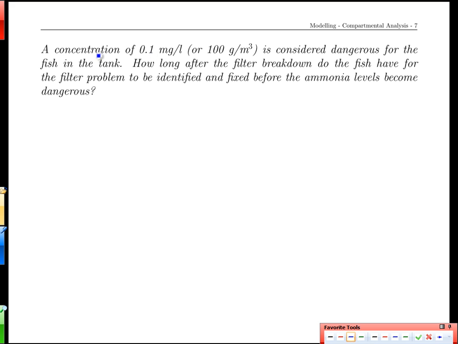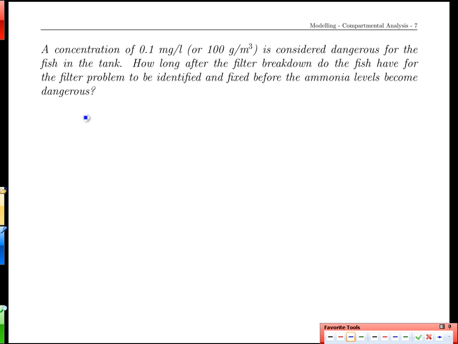In particular, if a concentration of 0.1 milligrams per liter, or converting the units here to 100 grams per meter cubed, if that's a danger level, we might want to know how long will it take before this 150 gram per meter cubed water coming in will burst through this barrier and cause some sickness amongst the fish.